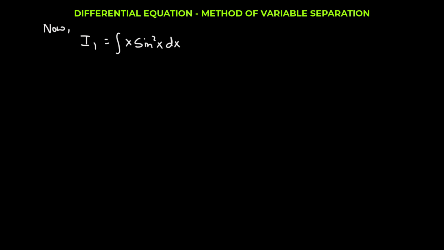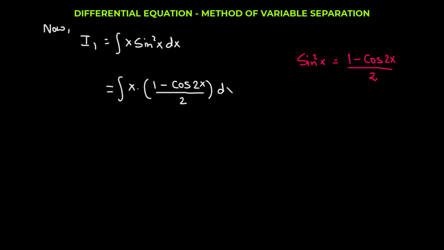Now we're going to use the identity sine squared x equals 1 minus cosine of 2x divided by 2, such that we have x times 1 minus cosine of 2x over 2 dx, or simply put half of integral x dx minus half of integral x times cosine of 2x dx.